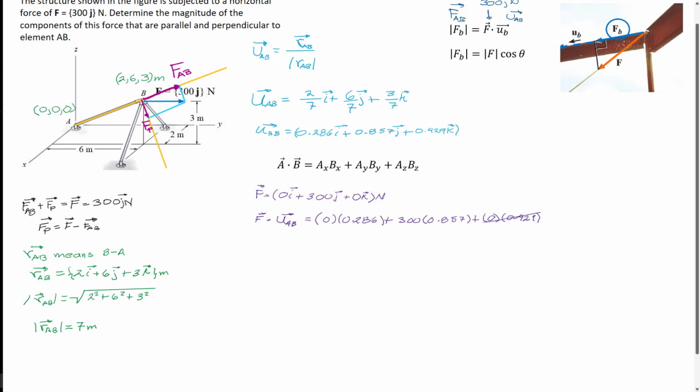So this is 0, this is 0, and my product, which is equal to my FAB, is equal to 257.1 newtons.